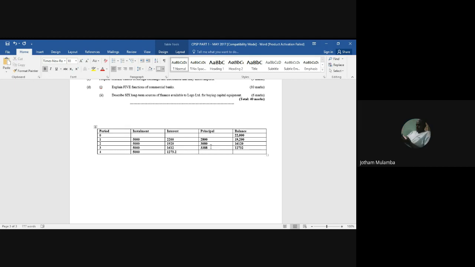Now we get the amount of money that will go to principal. So we do 5,000 minus 1,273.2, which is 3,726.8.